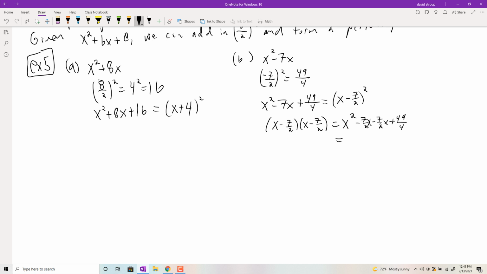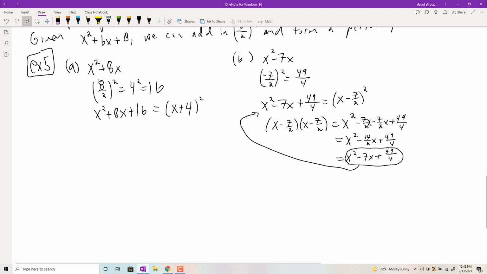And then you can combine these two. Negative 7 halves plus negative 7 halves is negative 14 halves x, and then plus 49 fourths. And of course 14 halves is just your 7x. And of course this thing here is this thing here. So hopefully that convinces you that this works.